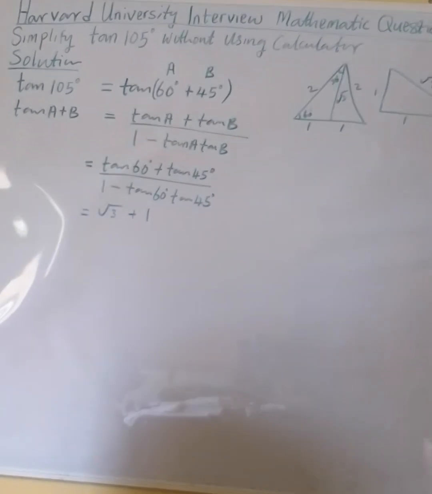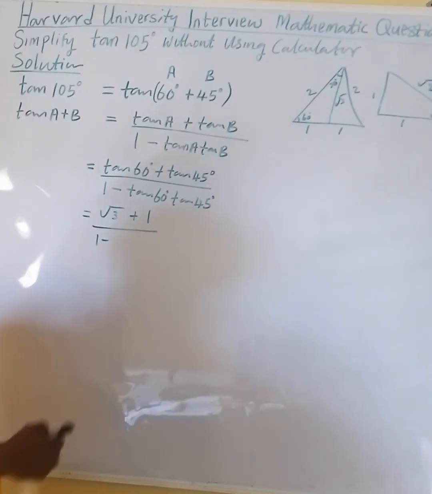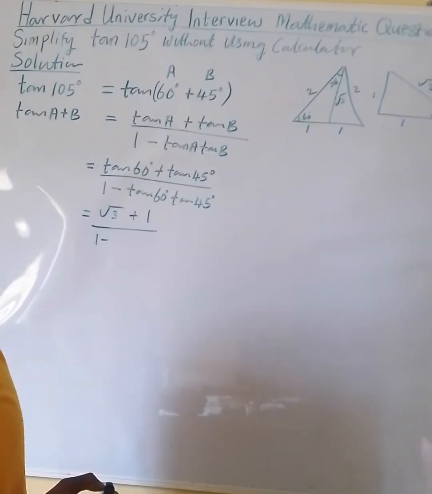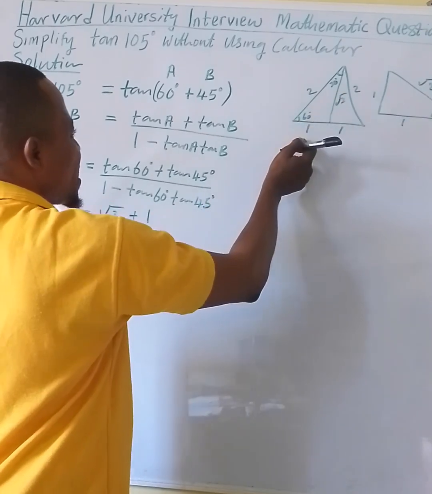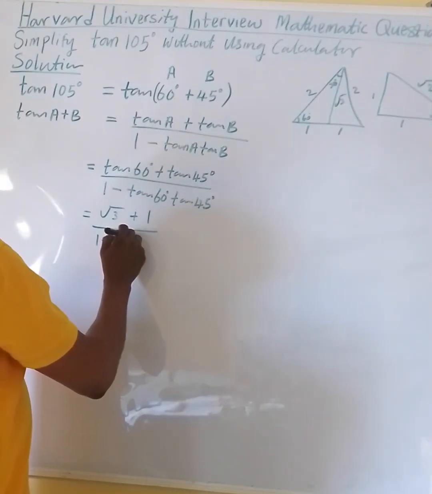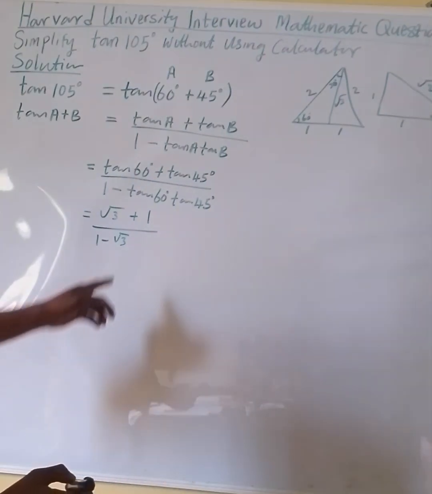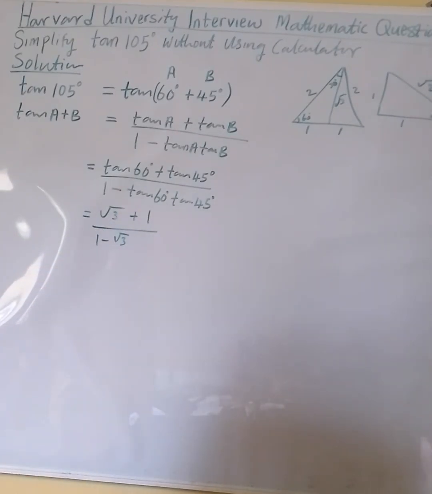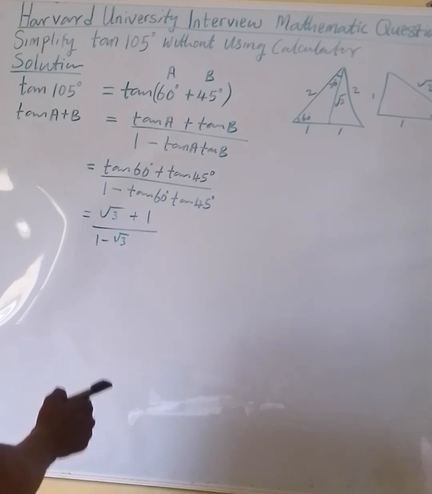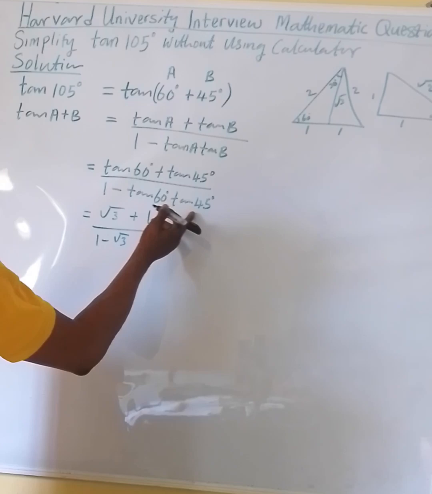Are we together now? After that, all over 1 minus tan 60 degrees. You know our tan 60 degrees, opposite over adjacent, is root 3 over 1. Are we together? Plus 1, tan 45 degrees.